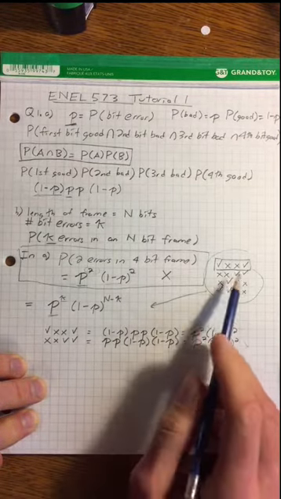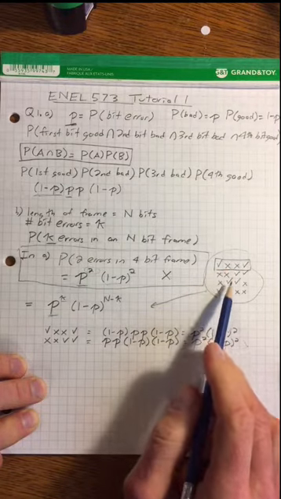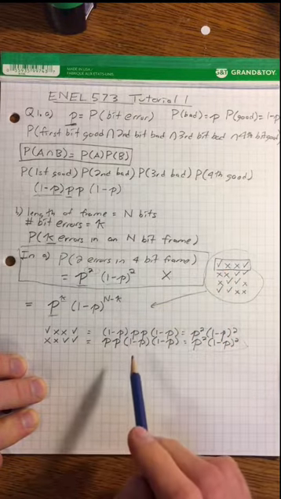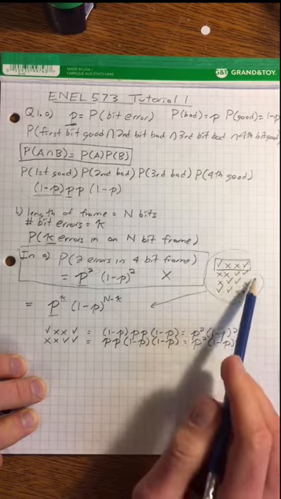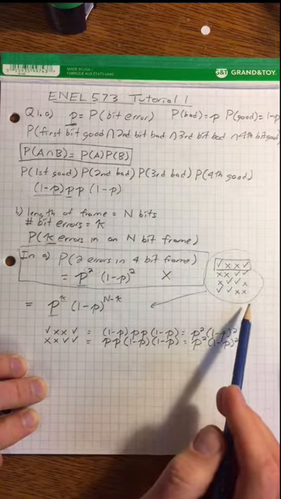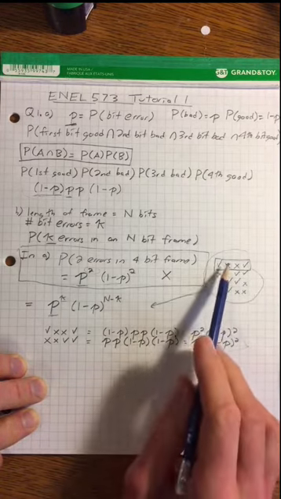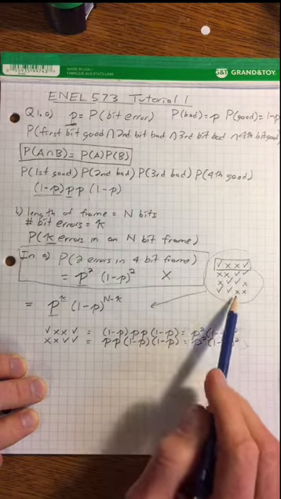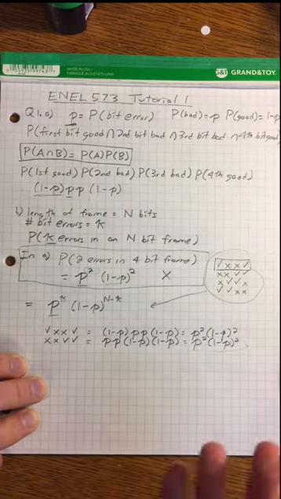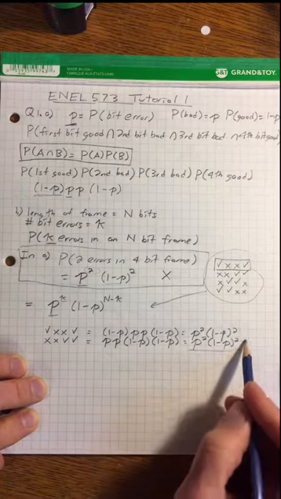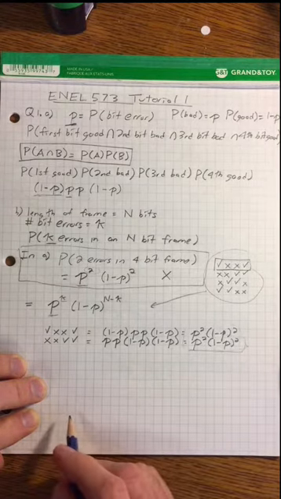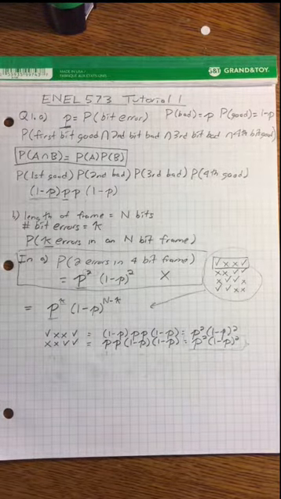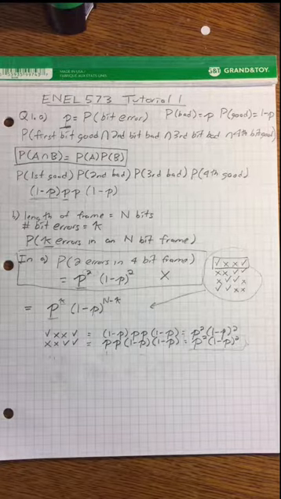And so basically the probability of 2 bad bits occurring in our 4-bit frame is always going to be the same. Each one of these terms has the same probability expression. We just have to figure out how many terms there are and then multiply this expression by that number.